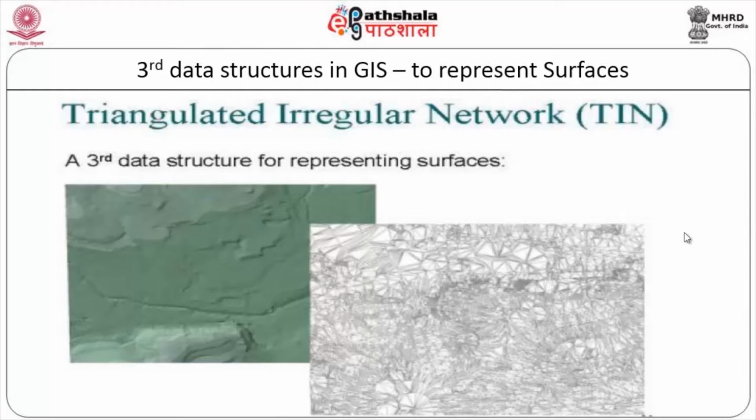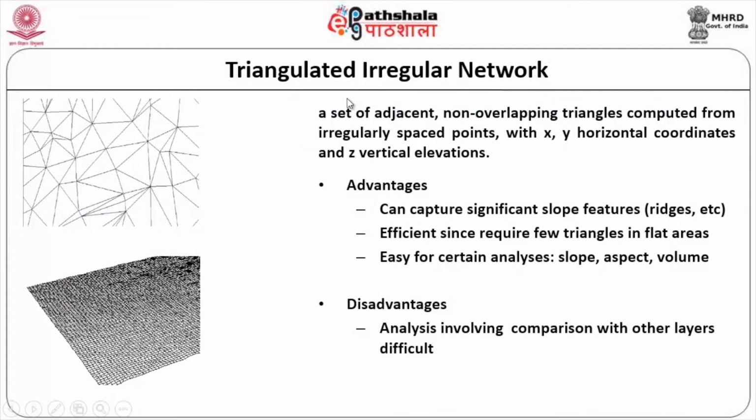They are adjacent triangles and they are normally formed from, say, irregularly spaced points. Obviously, x and y horizontal coordinates and, the most important, the z vertical elevation. For every triangle you will have x and y and also its z values.